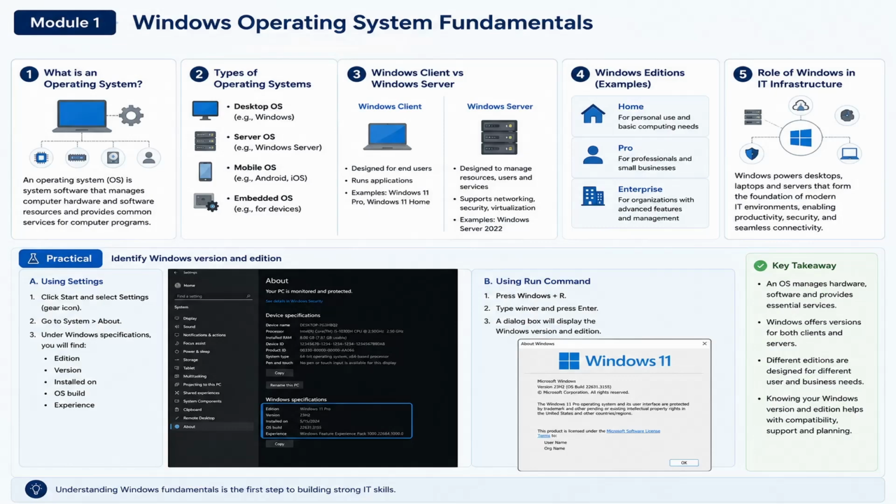The last one is the Windows Enterprise one. So it is designed for larger organizations. So it has some capabilities like enhanced security. Maybe second one is device management, which is like any device with Windows Enterprise can be managed through on-premises servers or maybe from device management tools like Microsoft Intune.